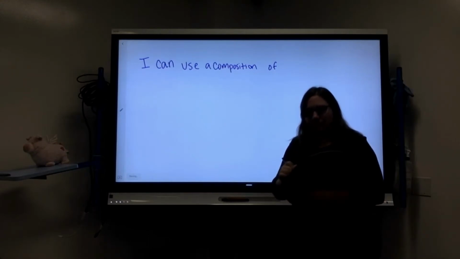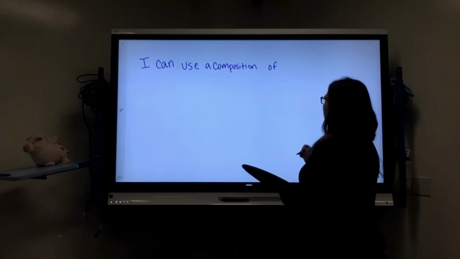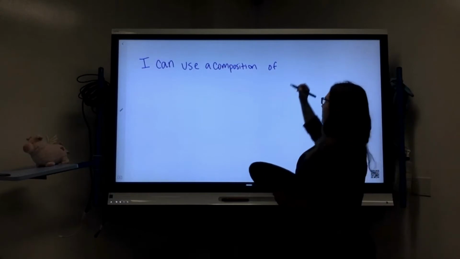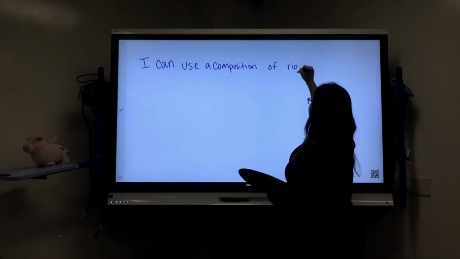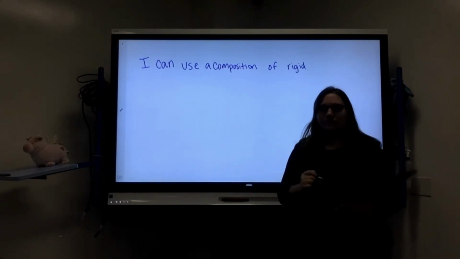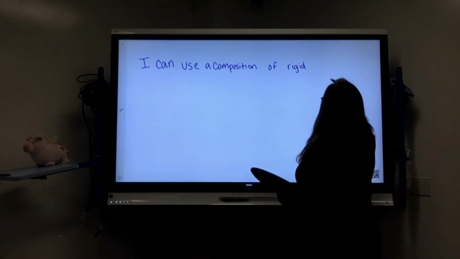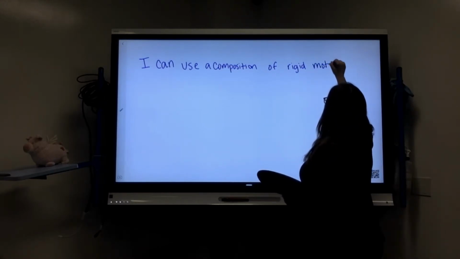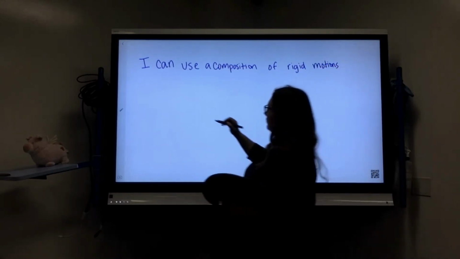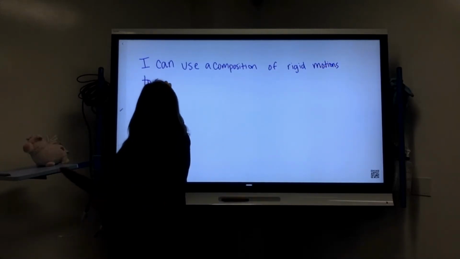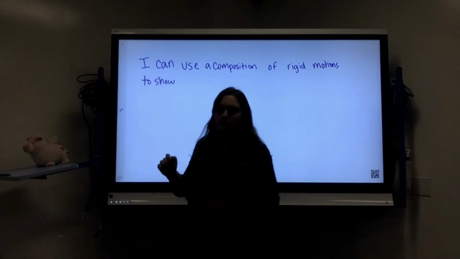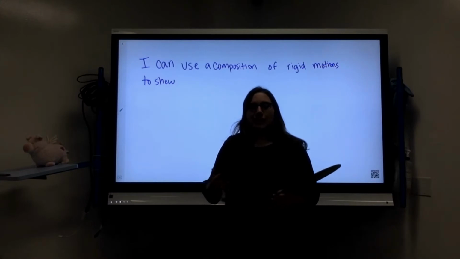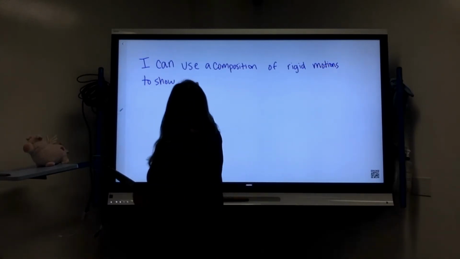All right, I'm gonna get that Gauss purple again. So I can use a composition of rigid motions to show that two objects are congruent.